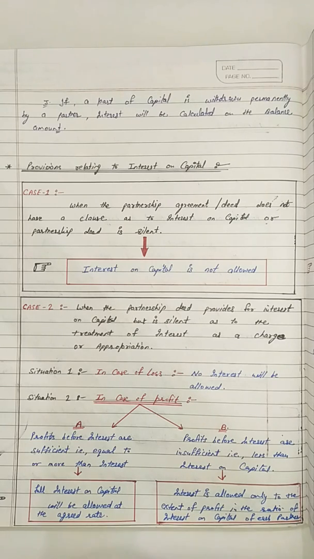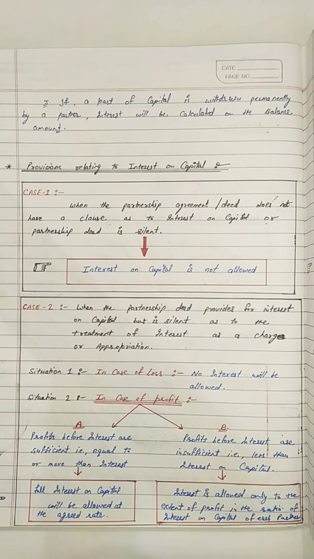Now we have certain provisions, rules regarding interest on capital. Let us start to discuss these rules. First case, when the partnership agreement or deed does not have a clause, or the partnership deed is silent about the interest on capital, in that case interest on capital is not allowed.